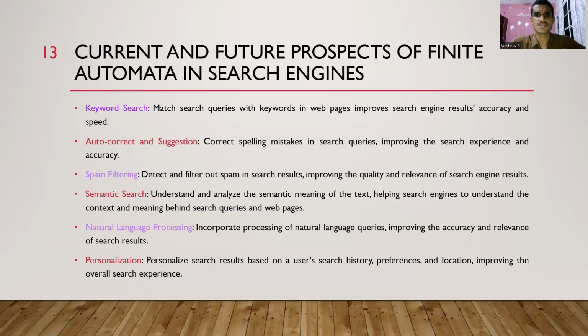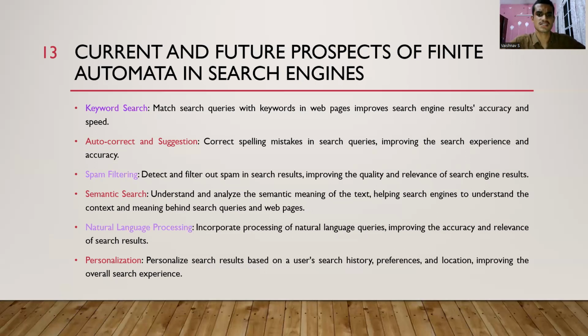About the current and future prospects of FA in search engines, some of the key points mentioned are keyword search, which matches search queries with keywords in web pages, improving the accuracy of search engine results as well as their speed.